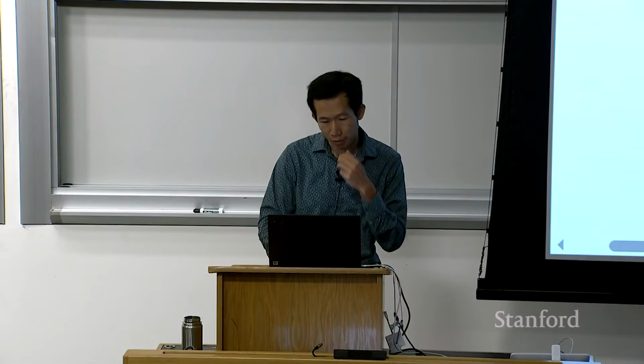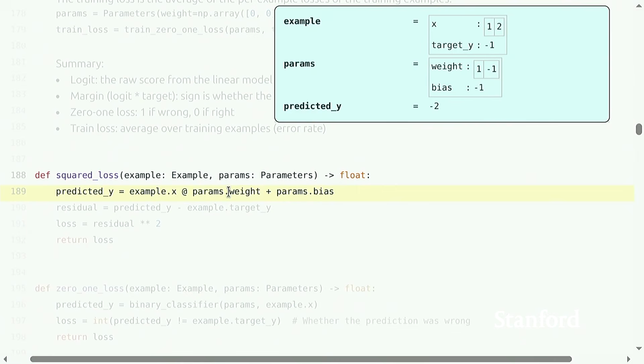So remember, for linear regression, or regression in general, we use the squared loss. The intuition basically is that we incur loss based on how far away the actual prediction is from the target. Just to recall, the squared loss takes an example, takes the input, multiplies it by the weight plus the bias, and that is the prediction, which is -2.